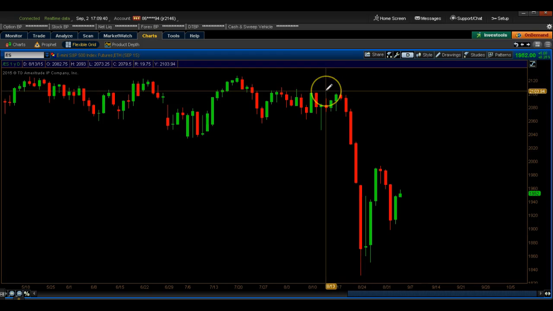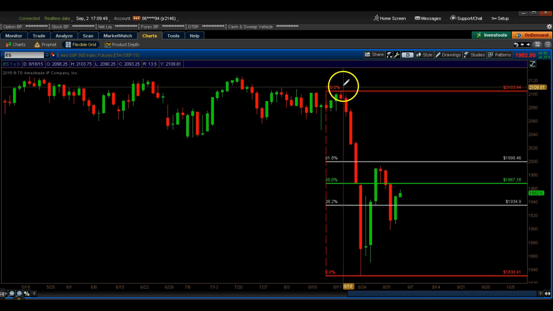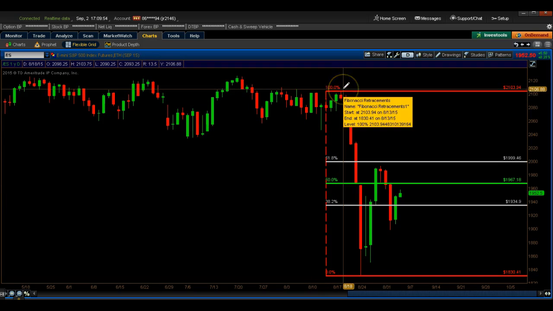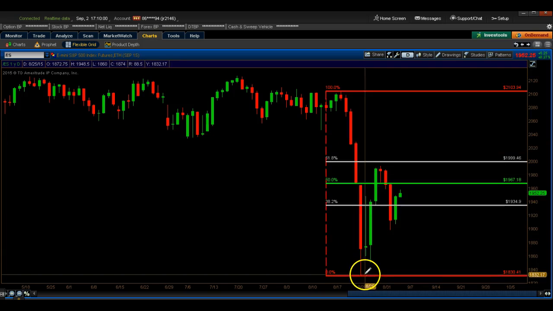But I like to look for swing highs and swing lows. So I'm going to go from this high right here, because this is our last swing high, from the highest point. Then we fall, and then we go 100%.